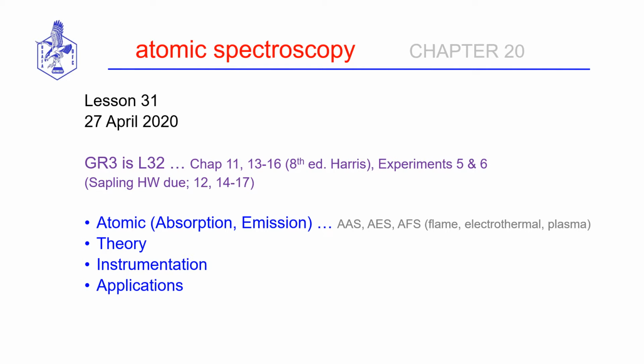The manner in which we get that species into the gaseous phase is going to require a lot of energy, heat. So our different techniques use different strategies for doing that. We have flame methods, electrothermal methods, and plasma methods. We will look briefly at the theory, instrumentation, and applications for each.